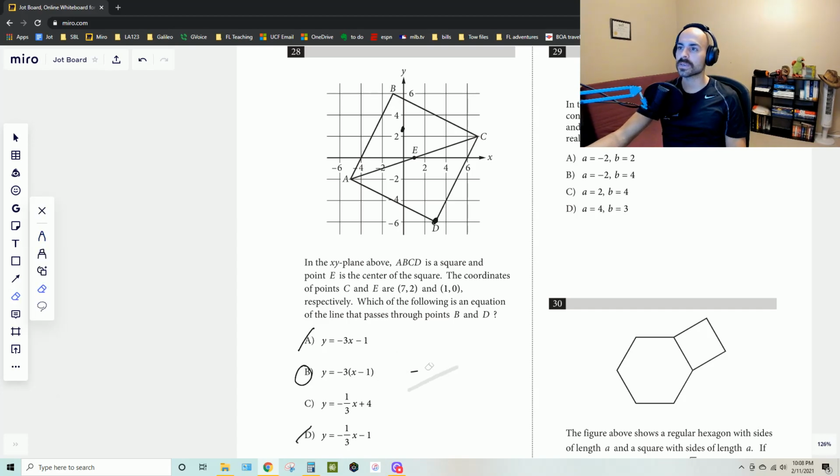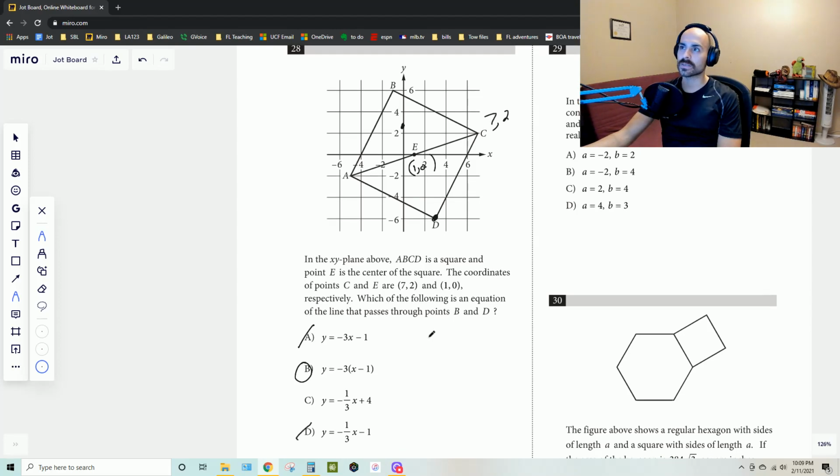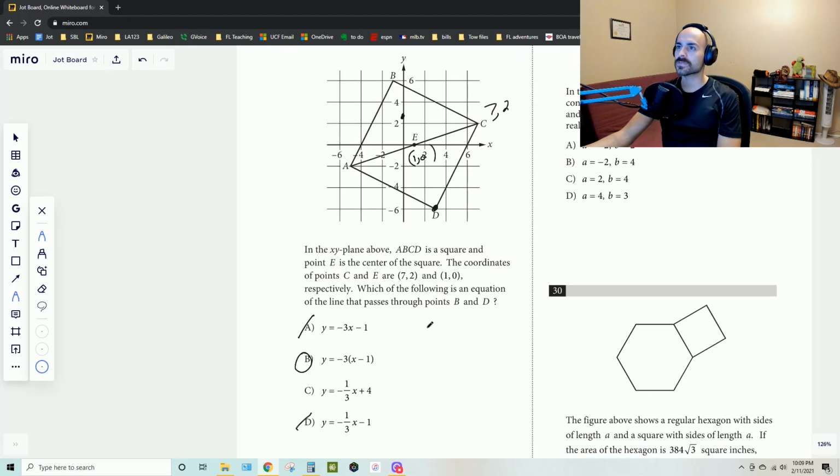Well, the way we can get to our answer is recognizing that they're telling us that this is 7, 2, and this is 1, 0. So if we use point slope form, we can figure out what our equation is. Actually, first, let's find the slope of this line.